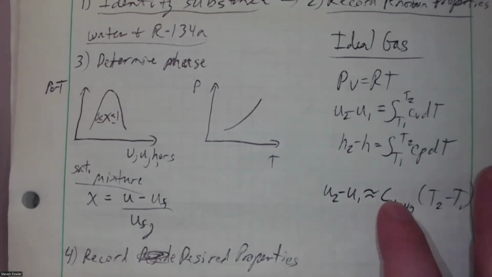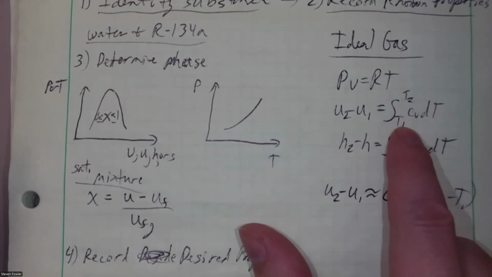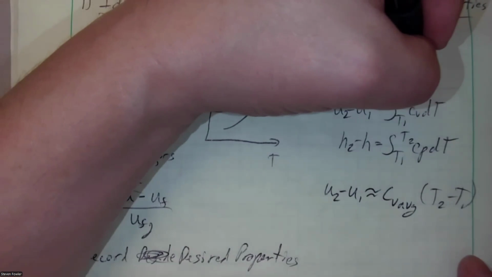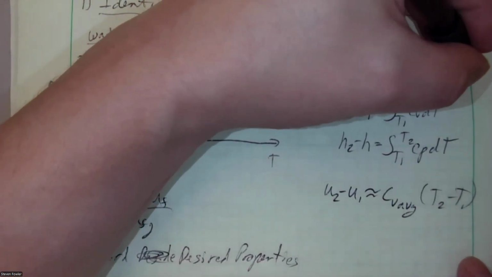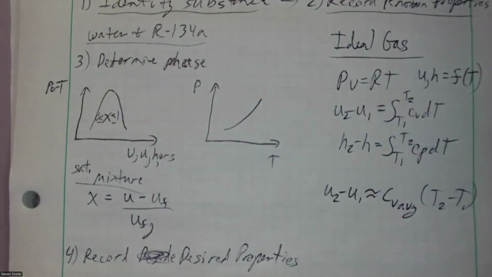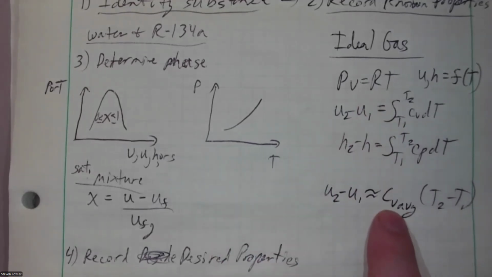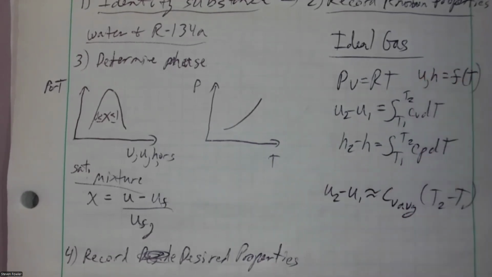I could use table properties also for U's and H's because they are just functions of temperature. So I've got tables where U and H are functions of temperature. Seen here using specific heats, or I can use tables where U and H are functions of temperature and get them that way.